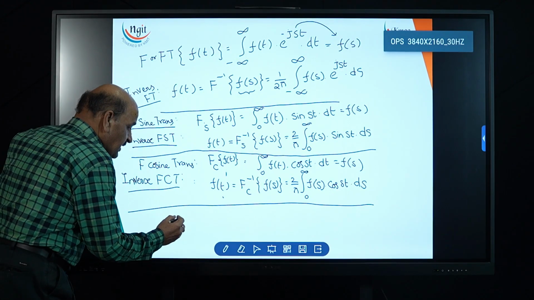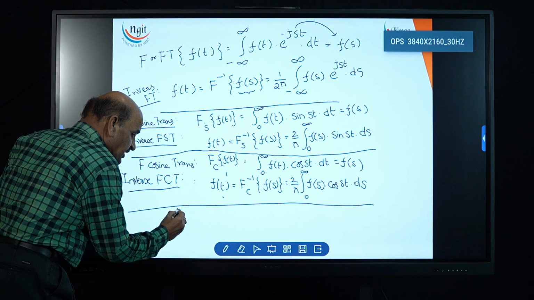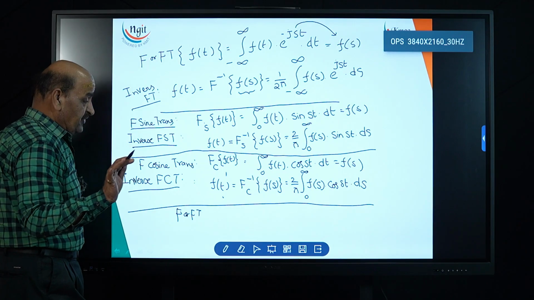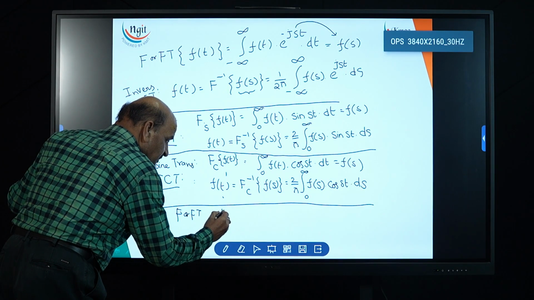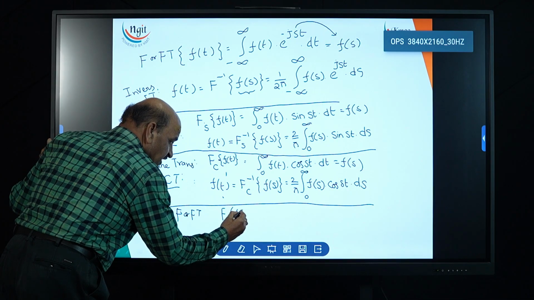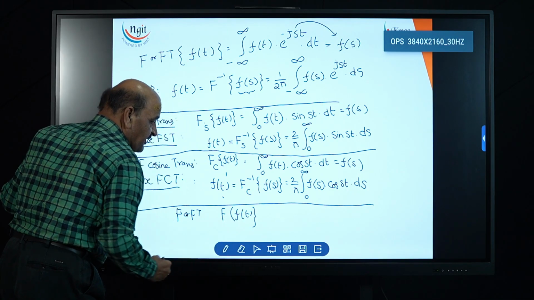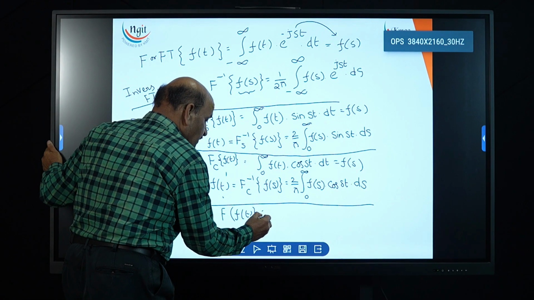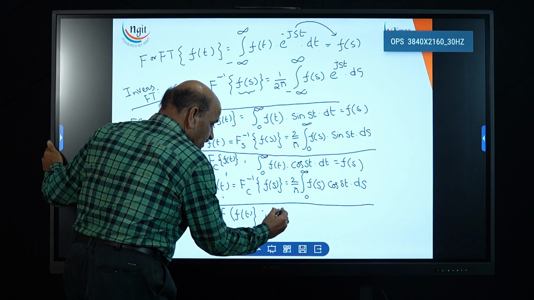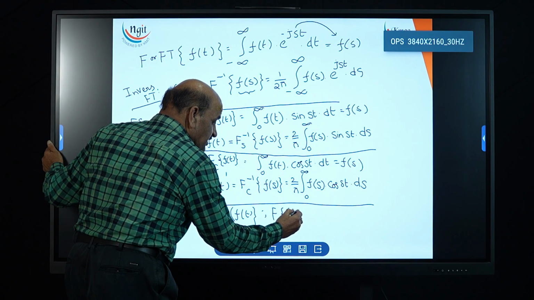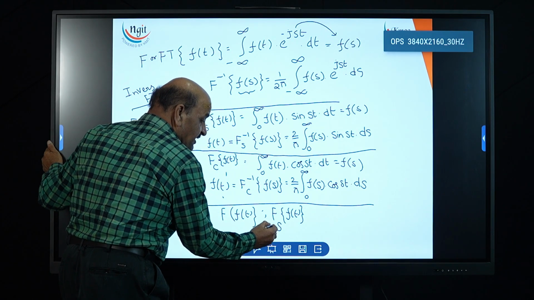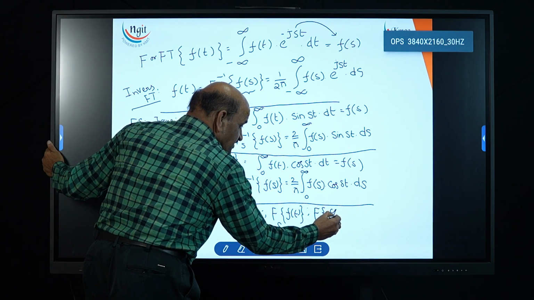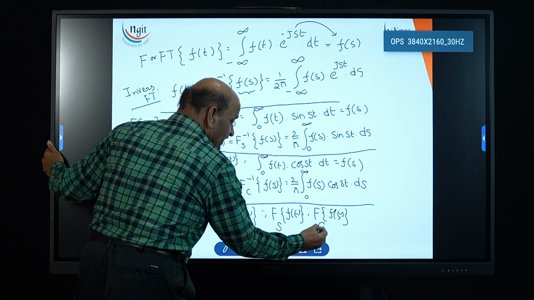Some others may write Fourier transformation F or F of t. In whatever way they write, both are the same. This is the way of writing the Fourier transformation of a function f of t or signal f of t. Next, for Fourier sine transformation of a function we write the suffix s, and for Fourier cosine transformation of a function we write the suffix c.